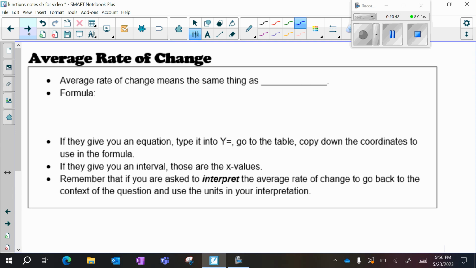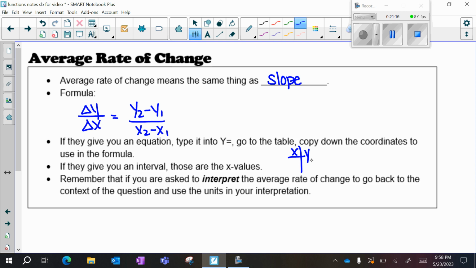Average rate of change. This is a very popular question that comes up both as a free response and as a multiple choice. Average rate of change is the same thing as slope, which means it is the change in y over the change in x, or y2 minus y1 over x2 minus x1. If they give you an equation, you're going to type it into y equals, go to the table, copy down your coordinates, and then substitute into that formula.